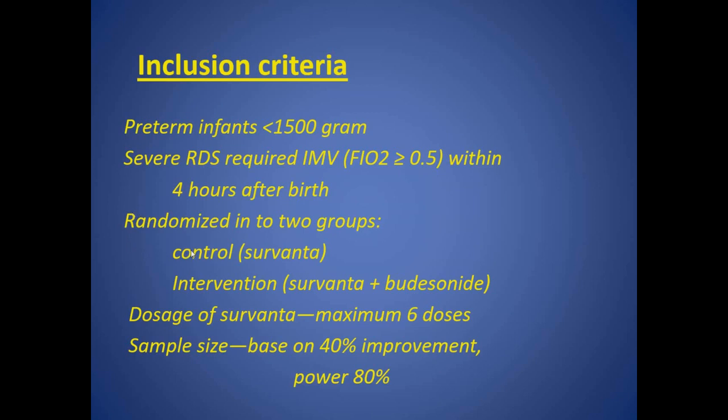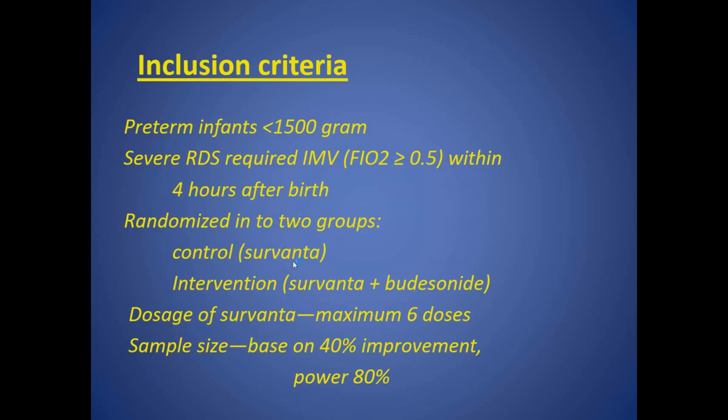And we randomize into control, which we give surfactant, and intervention, surfactant plus budesonide. We use 100 milligram per kilogram of surfactant plus 0.25 milligram per kilo of budesonide.